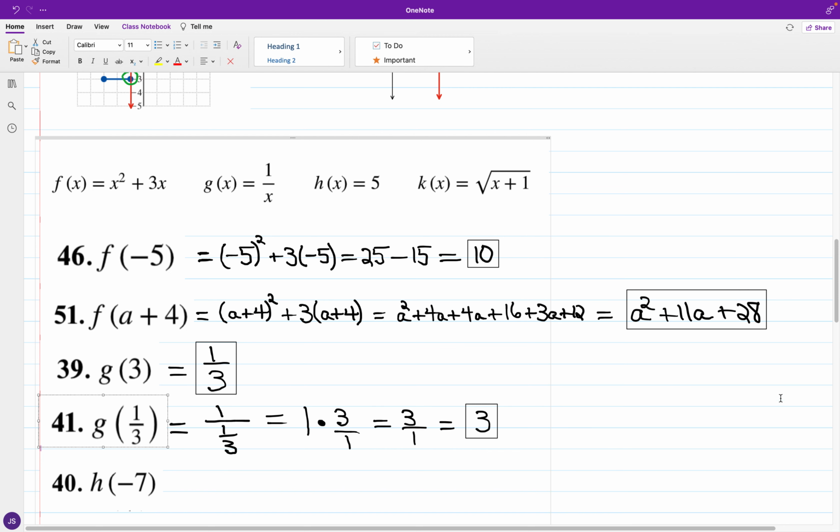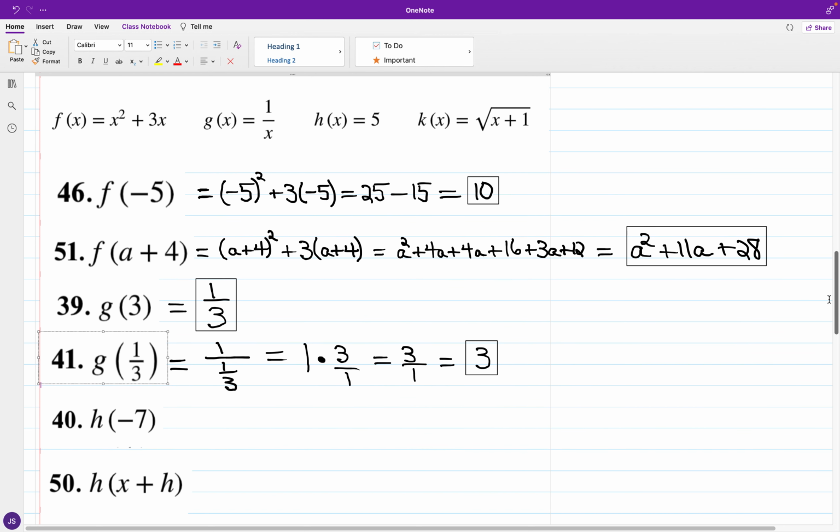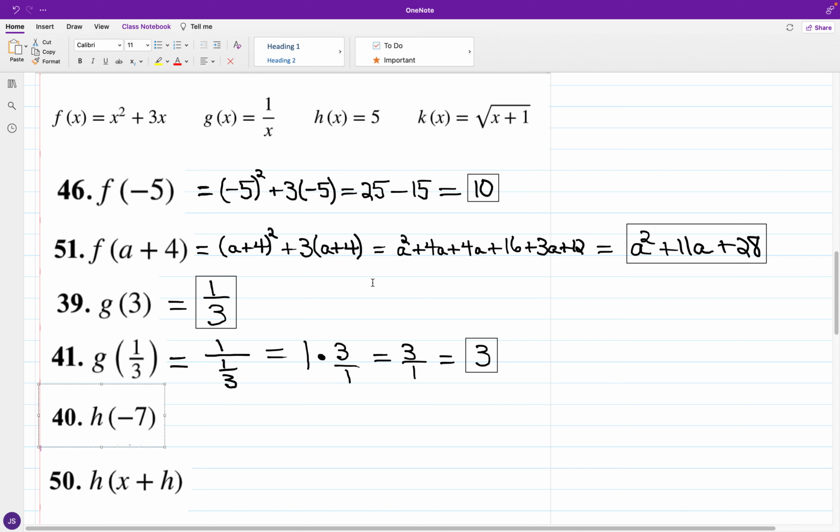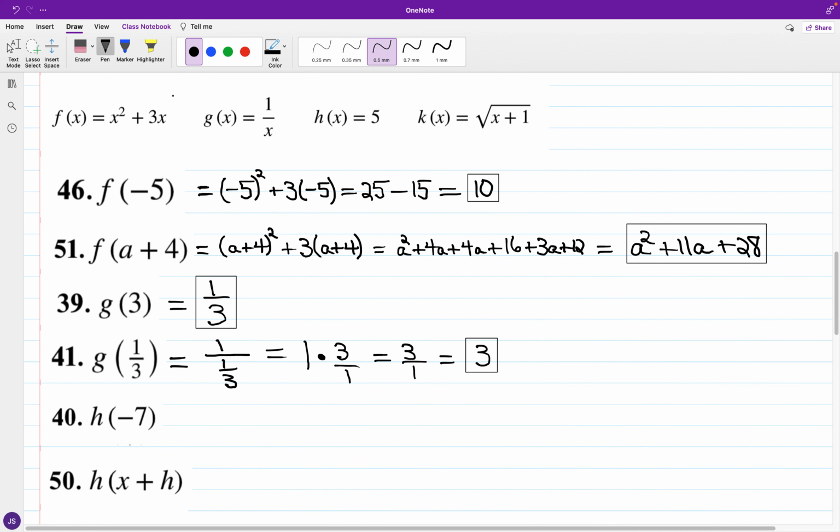Now, for the case of the function h, we have h of x is equal to 5. Notice there is no variable in the output in the general case. So regardless of whatever we plug in for the input to represent x, the output is going to be locked in at 5.